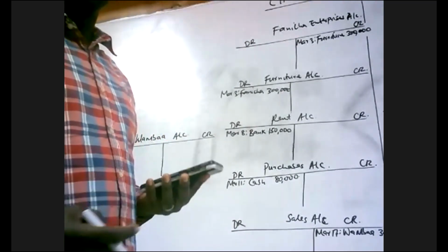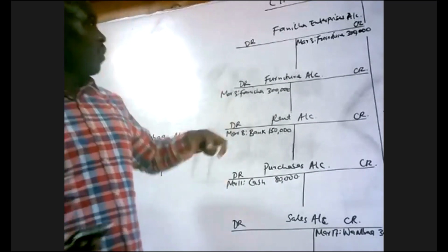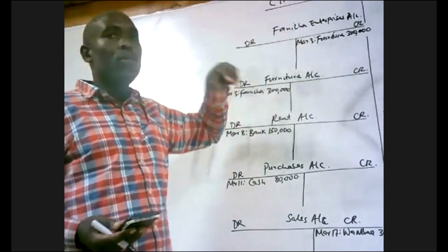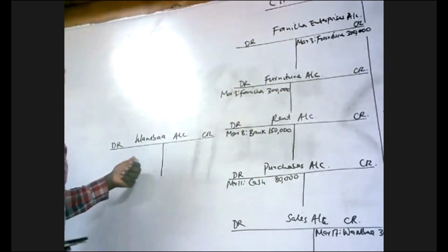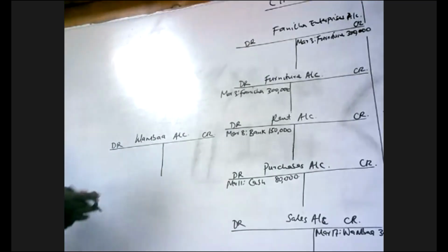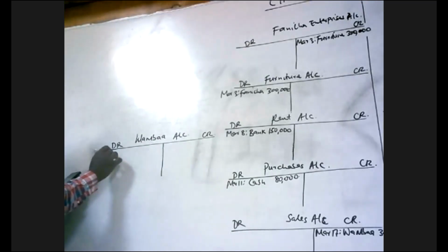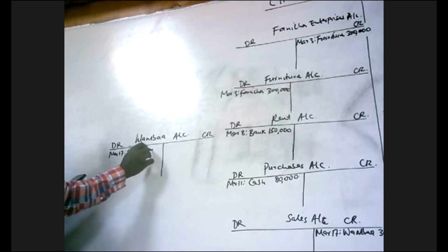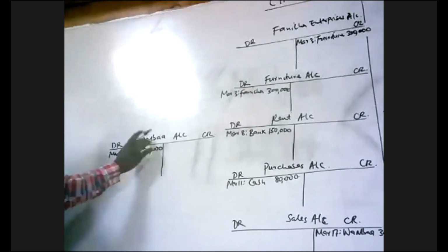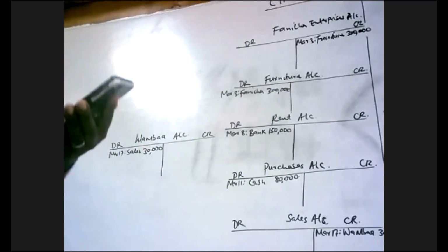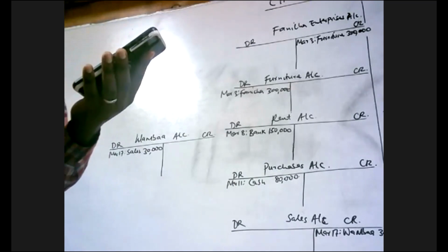He's a customer. When we purchase on credit, we normally credit the supplier. But when we sell, this customer has our money. This is an asset to the business. We debit, March 17, as a result of sales, 30,000. This person owes the business 30,000. It is an asset, so we debit.